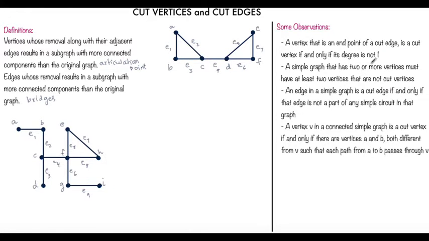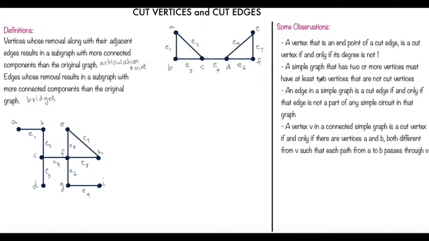Similarly, a simple graph that has two or more vertices must have at least two vertices that are not cut vertices. In other words, if there's a simple graph with three vertices, there should be at most one cut vertex.